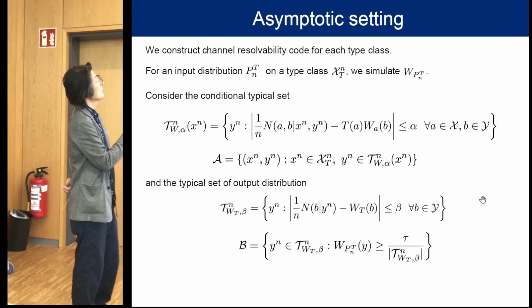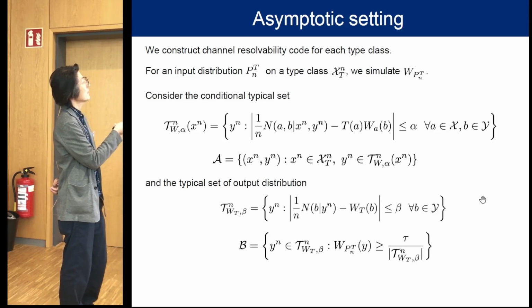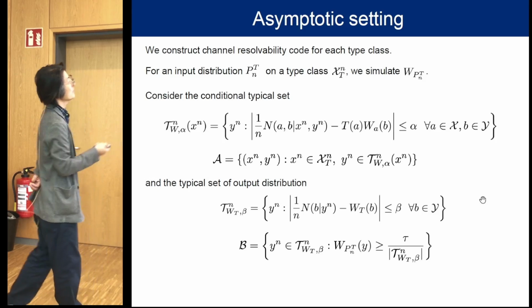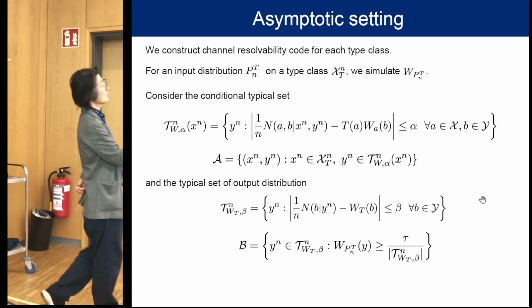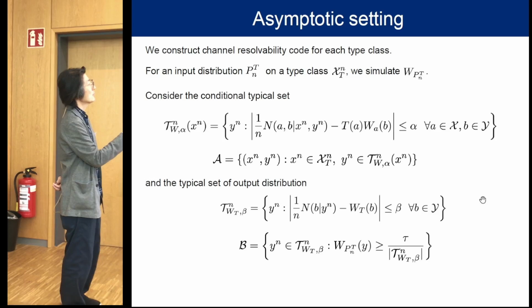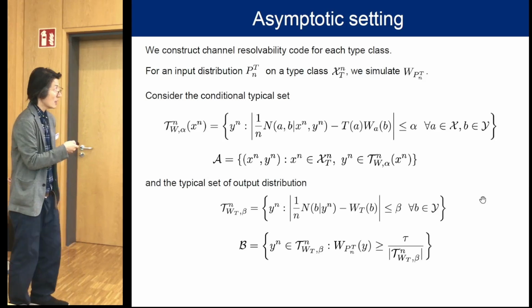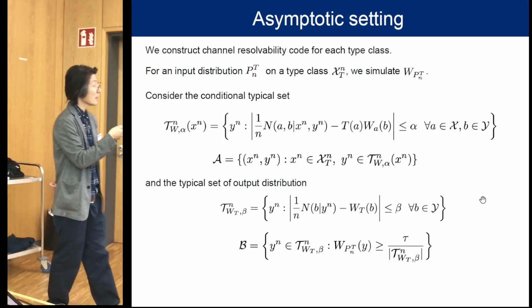And we introduced the conditional typical set, and pairs of x^n and y^n such that y^n is included in the conditional typical set. And also we introduced the typical set for the output distribution. And also we consider some set of y such that the output distribution is not too small. We introduced these kinds of things.